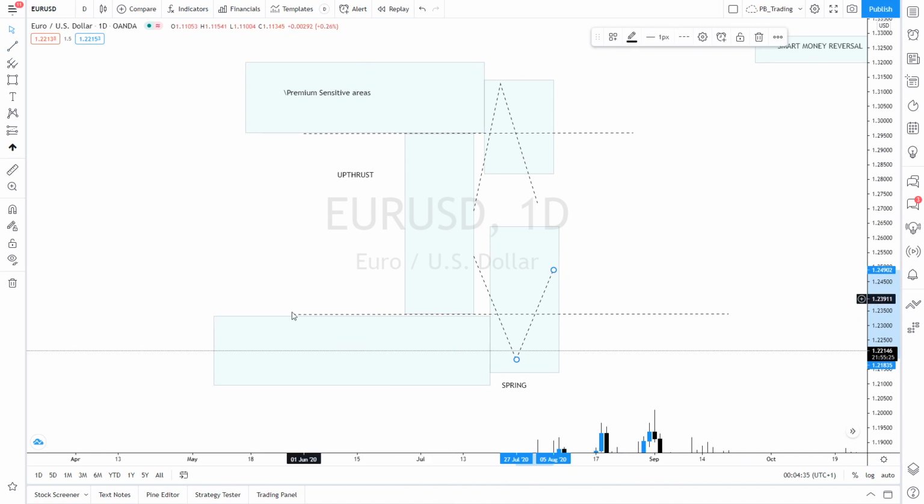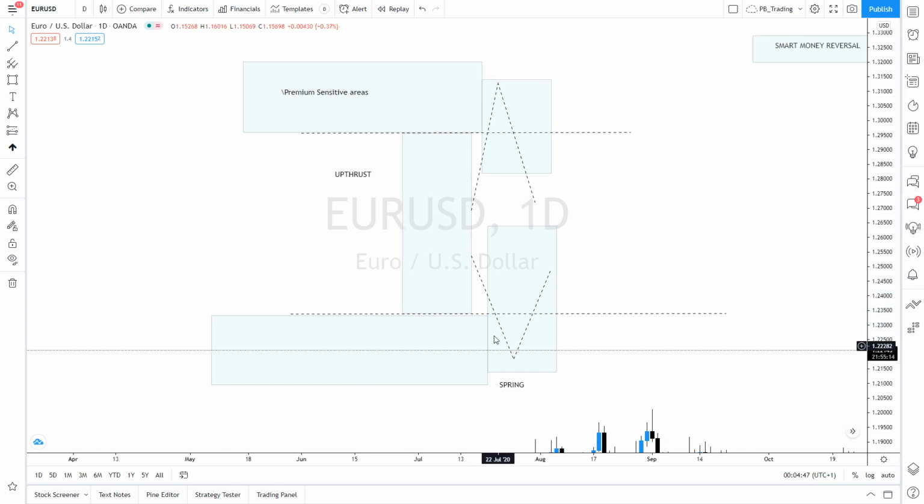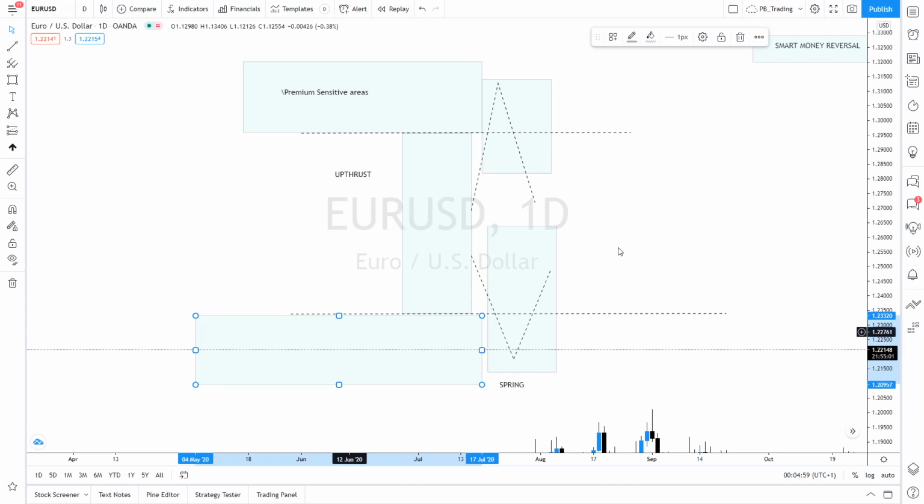With this knowledge, if you are monitoring your daily price delivery, you could always get price making quick upthrusts and springs, and you could always find sensitive areas below and above these daily ranges, and pick up sweet daily trades. It's not something so difficult. I just want to show you a few examples of what I mean and how simple this is.